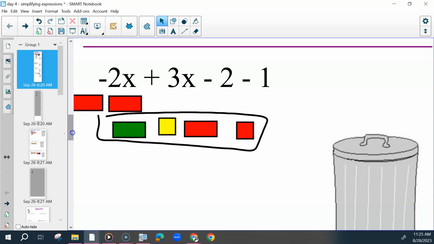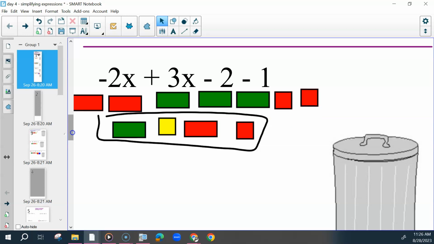And then positive 3x. How would we model that? 3 green rectangles. Negative 2. 2 squares. Red. Negative, yes. So we say red or positive. And then negative 1. Another red one square.